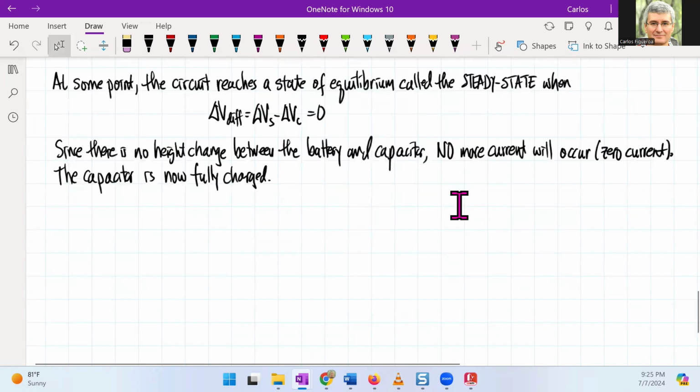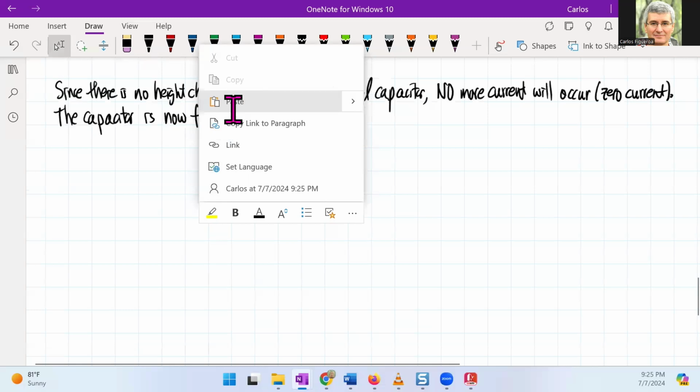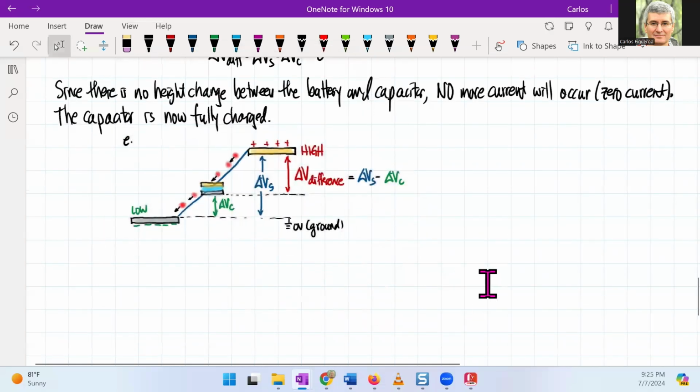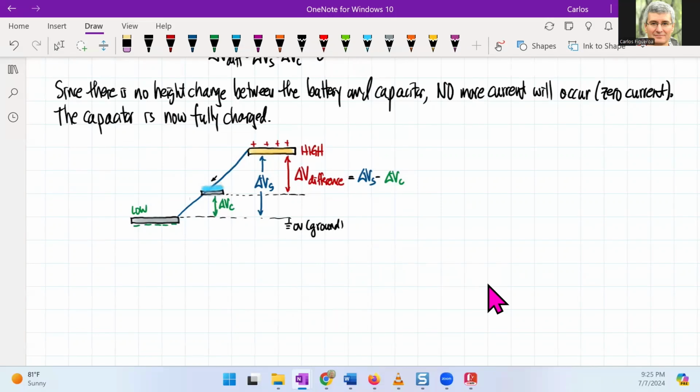So if I look at this guy, I have this scenario right here. So now what's different here? Well, we're not going to have any more charges here. So if we don't have any more charges, then this is what we're actually seeing here. The capacitor is now at the same height.